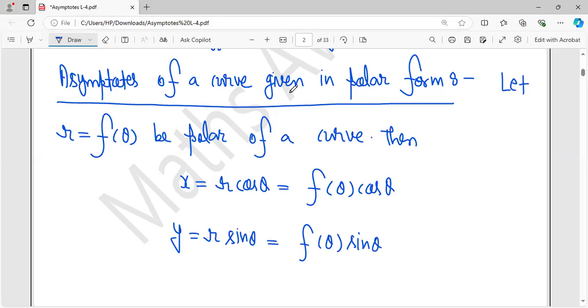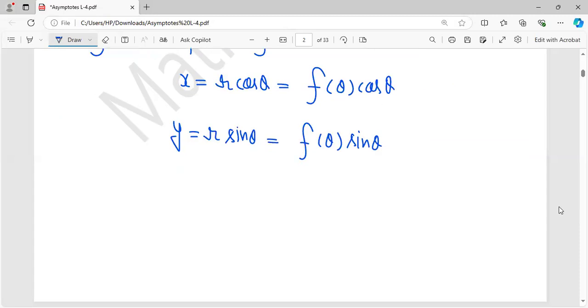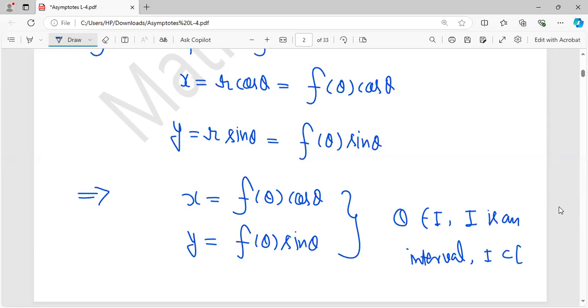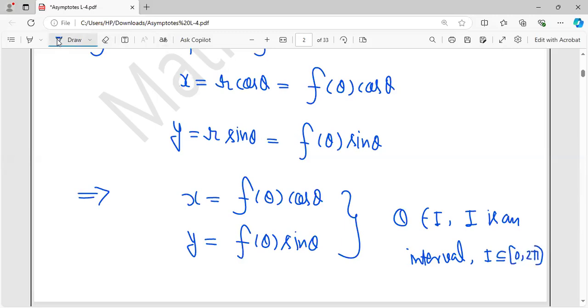So we have x equal to f theta cos theta, y equal to f theta sin theta, where theta varies over I, and I is an interval, a subset of the open interval 0 to 2 pi.